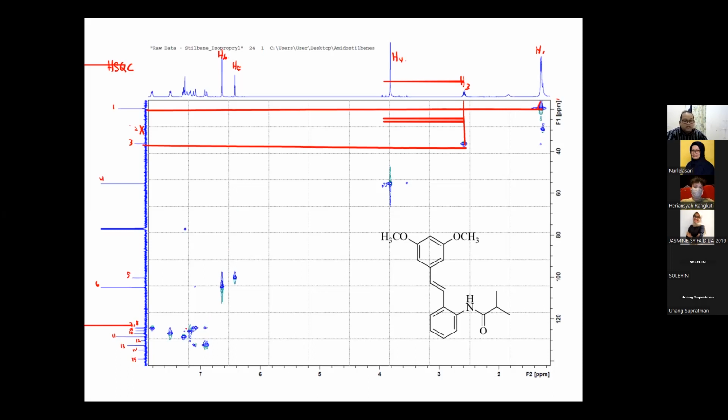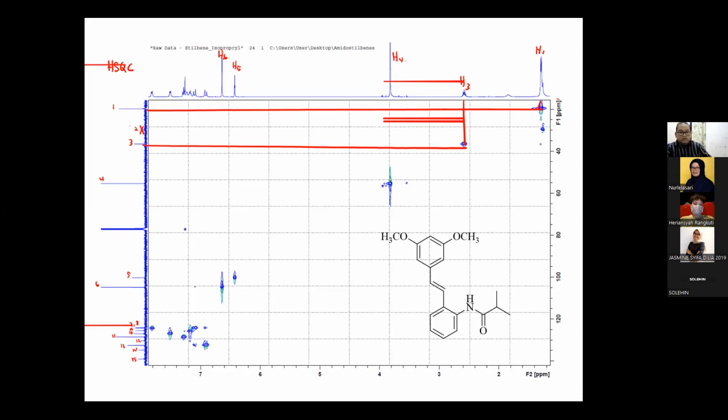Let me try again to open the software and see whether the visualizer is working. Okay, it's working now. My visualizer is working now. Let me connect with the visualizer.